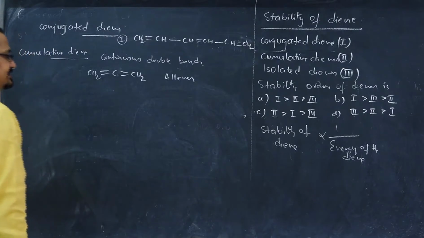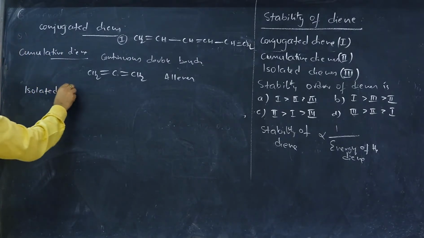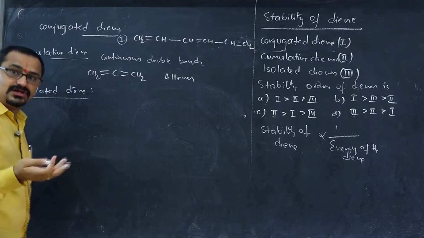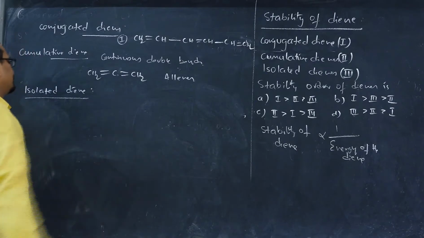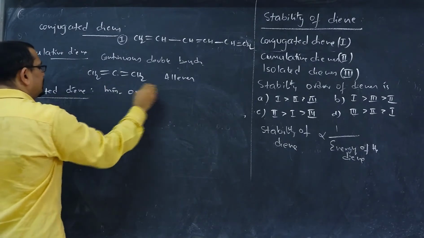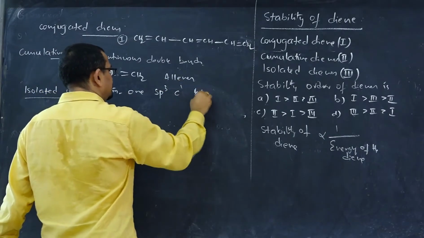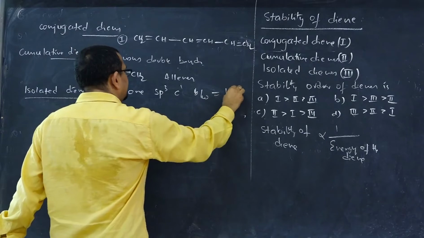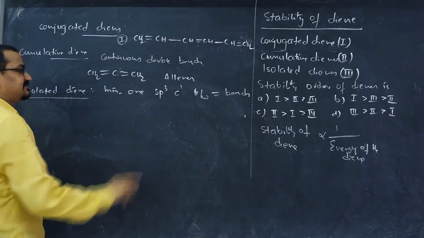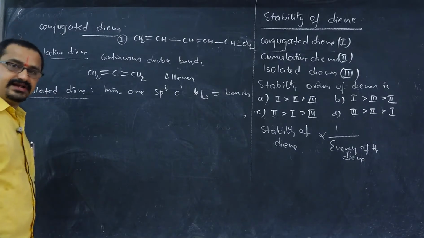Next one is isolated diene. Isolated diene means the double bonds are separated. Isolation means separating it from others. If the double bonds are separated by a minimum of one sp3 hybridized carbon, then they are called isolated dienes.